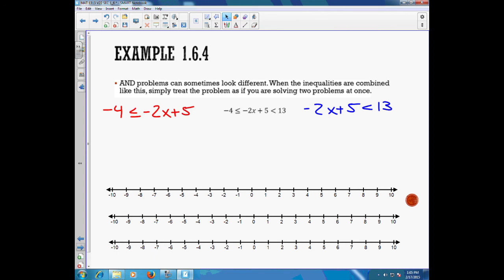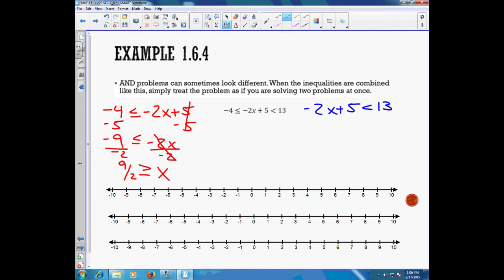For the first one, we're going to subtract 5 from both sides. We're going to get -9 is less than or equal to -2x. Divide by -2. Remember our inequality flips, and we're going to get 9/2 is greater than or equal to x.